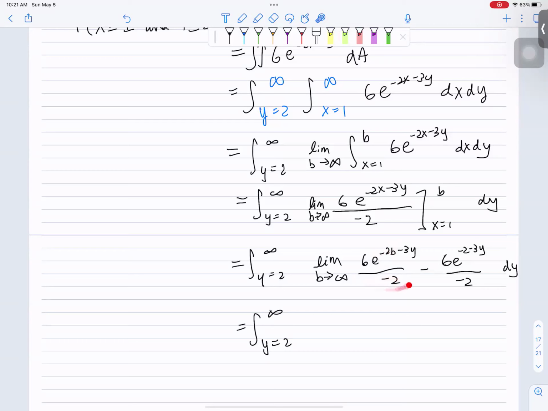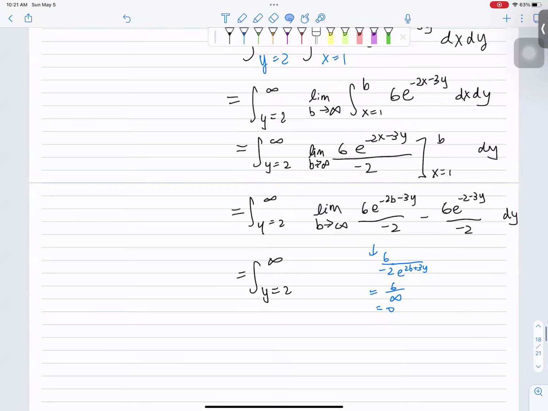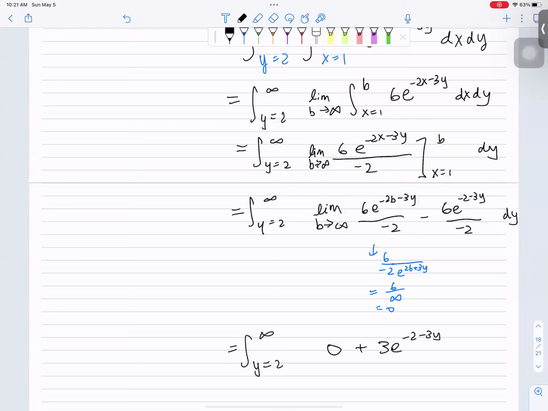So if you have something getting super large in the denominator, let me just write it out: 6 over negative 2e to the 2b plus 3y. If something goes really large in the denominator, the limit is 0. So I just have 0. And over here, this is just itself. So plus 3e to the negative 2 minus 3y dy.